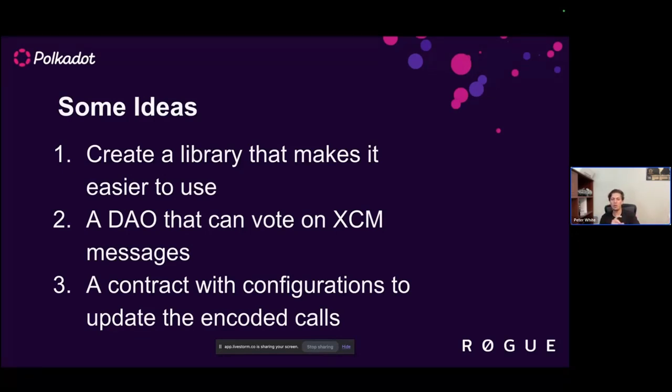And the DAO can vote on if they want that XCM message to pass. And then what if maybe there's a contract that you could do with the configurations to actually update the encoded calls, where you've got a basic set of, we want to do these transactions, and then maybe through a multi-sig or a DAO, you can actually update what calls can happen.